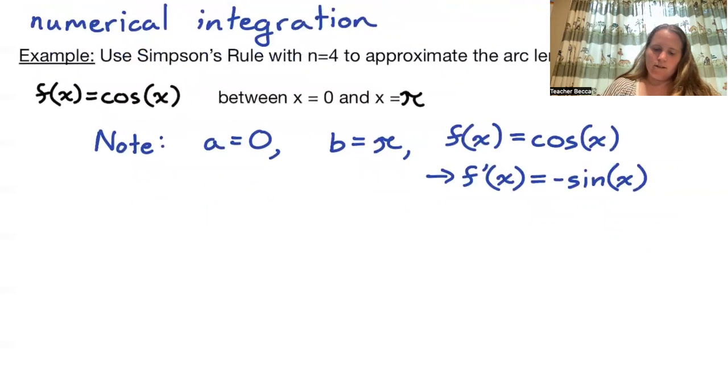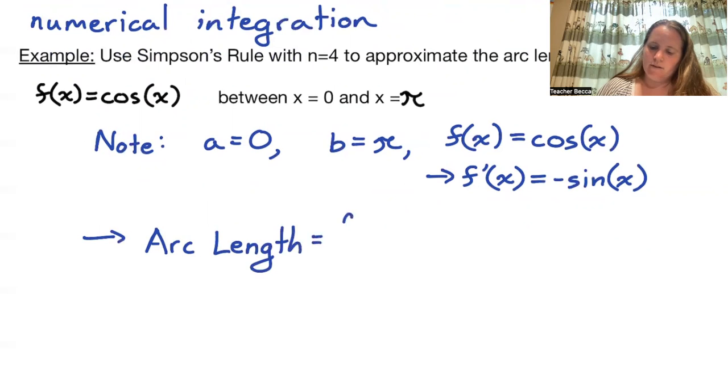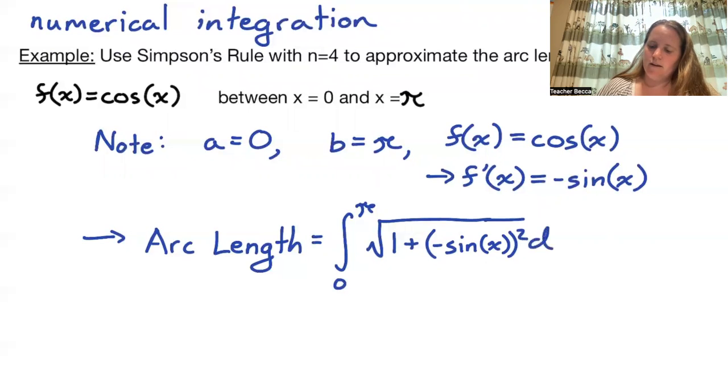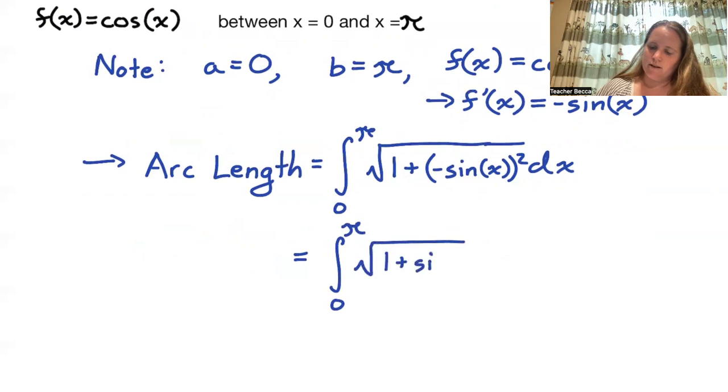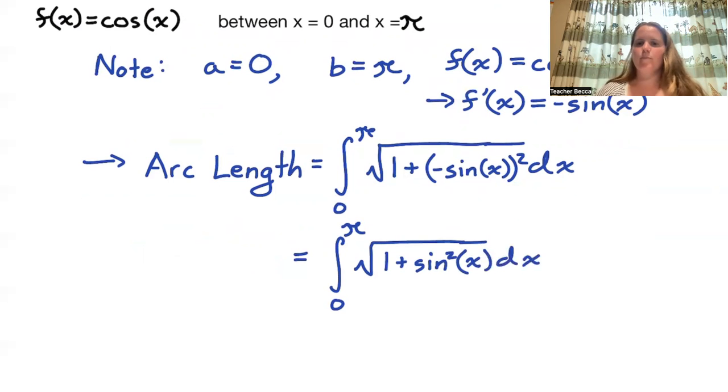Putting all of these together, we get that the arc length is equal to the definite integral from 0 to pi of the square root of 1 plus negative sine of x squared dx, better known as the definite integral from 0 to pi of the square root of 1 plus sine squared of x dx.